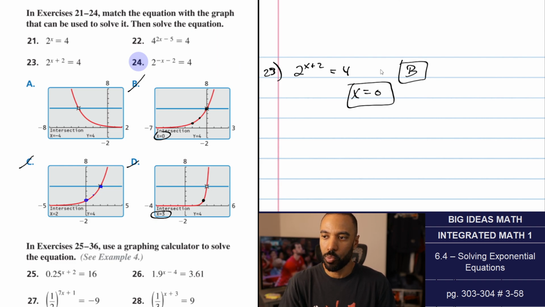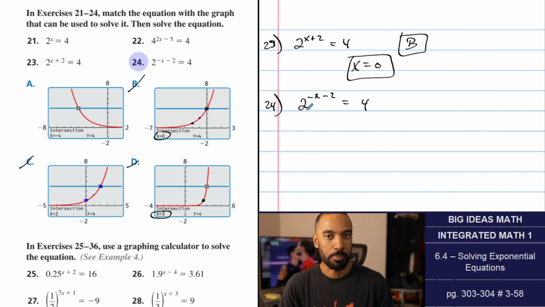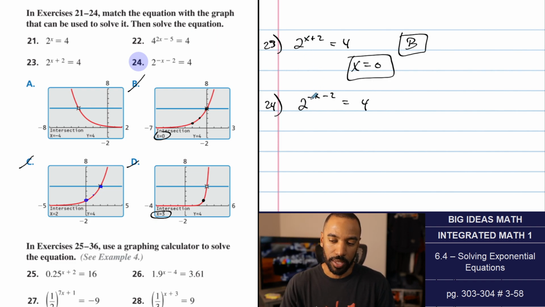So what makes number 24 give you exponential decay, despite the fact that you have a 2 as a base value here? Well, like I stated before, this isn't truly just a 2 because this isn't just an x right here.